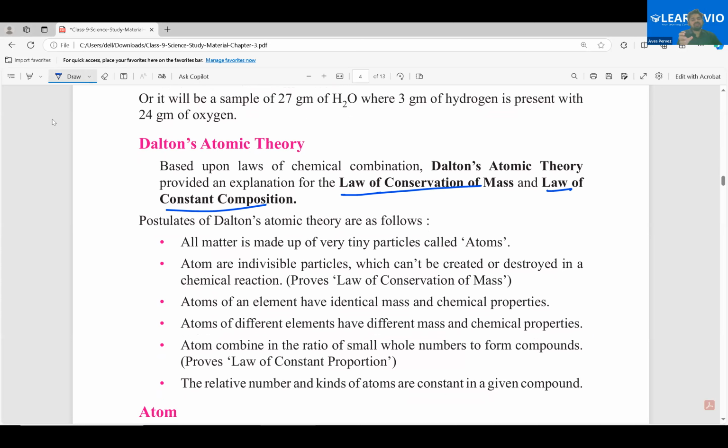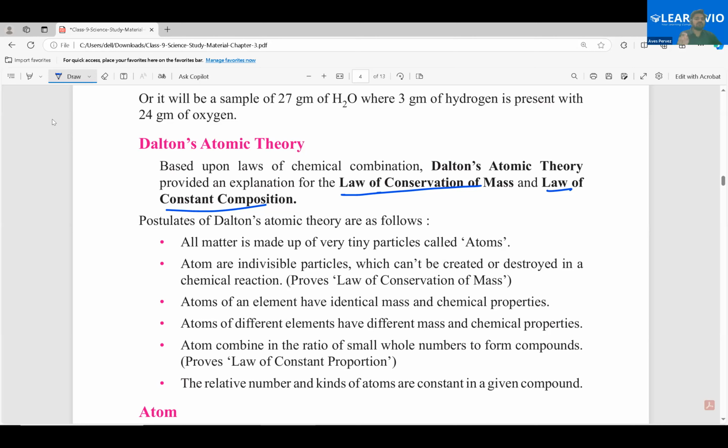The explanation for these two laws is given in Dalton's atomic theory.